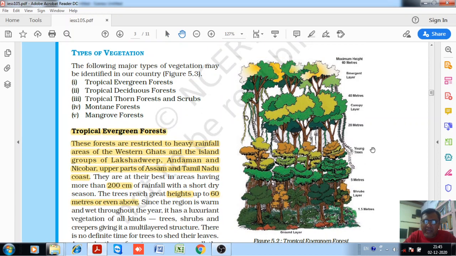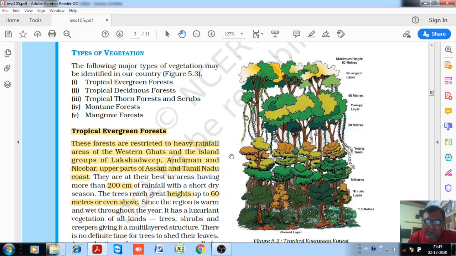The reason behind this is the factors which we have studied in the previous video, like photoperiod, precipitation, soil and land, and temperature.